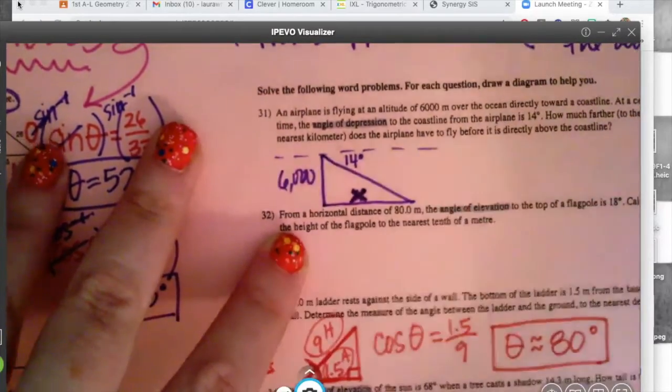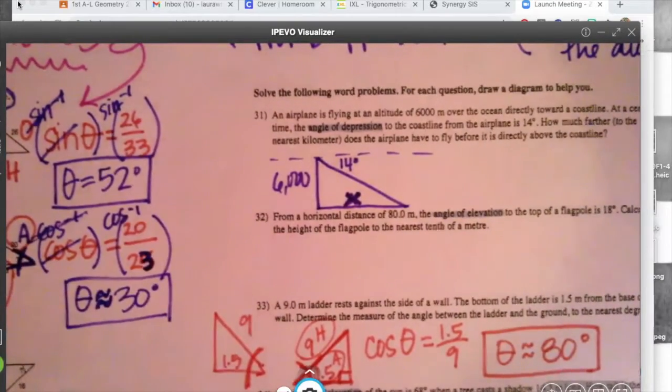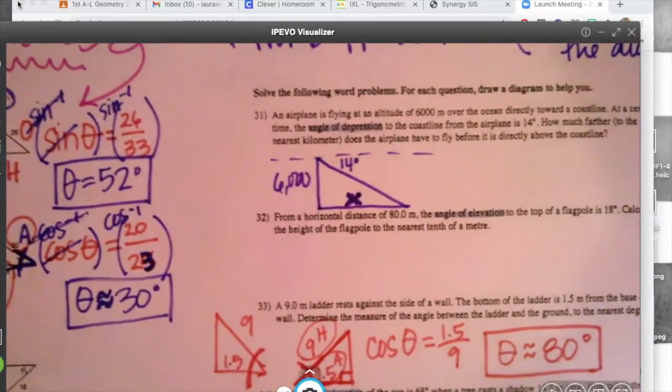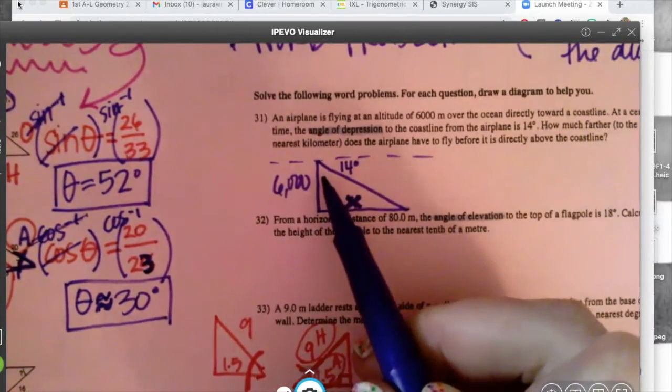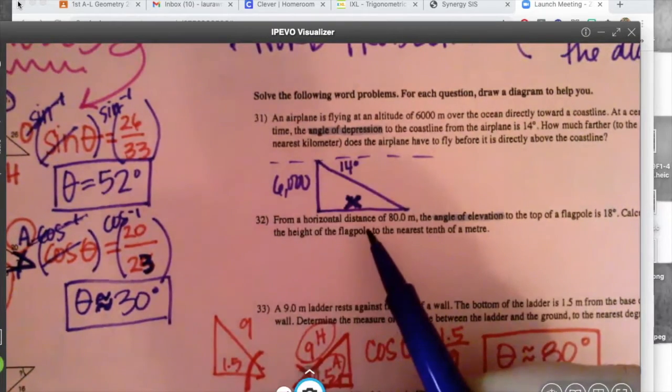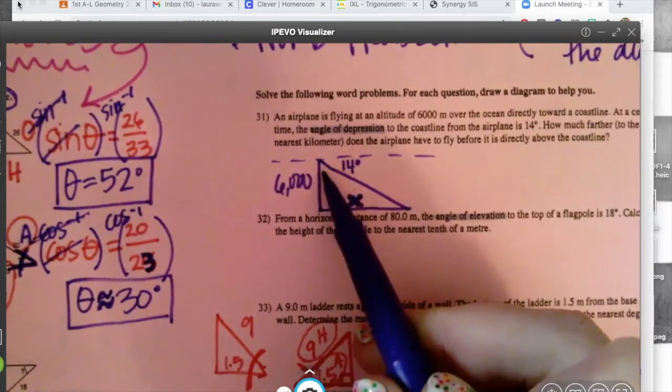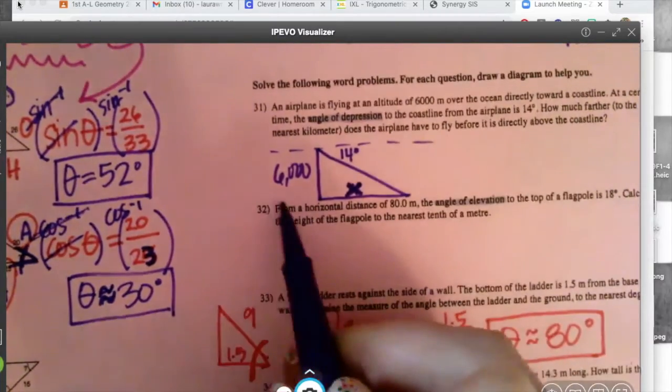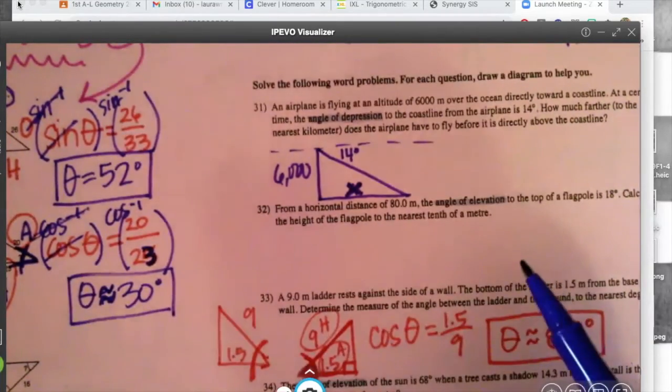Okay, so this is going to involve a little bit of problem solving because the angle that they gave us is not the angle inside the triangle, right? Remember, it would really suck if this was your 14-degree angle of depression because that means your plane is crashing. You don't want the 14 to be up here. But if you realize, you can do one of two things.